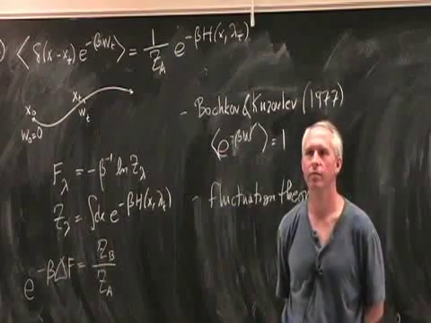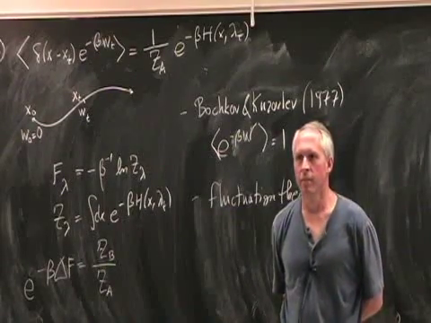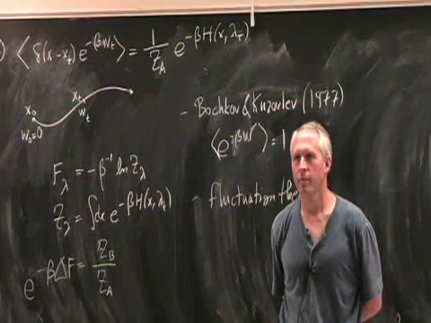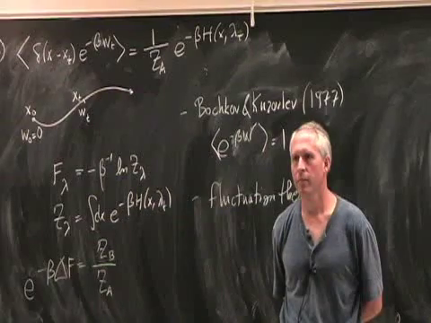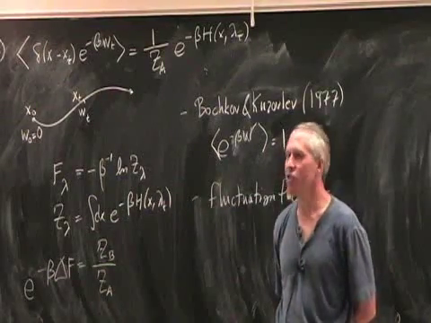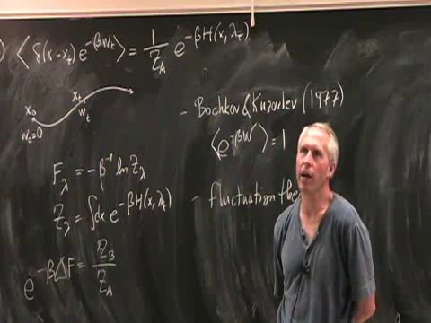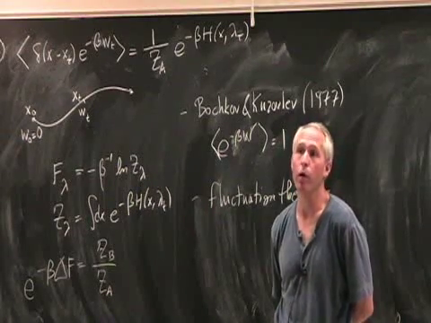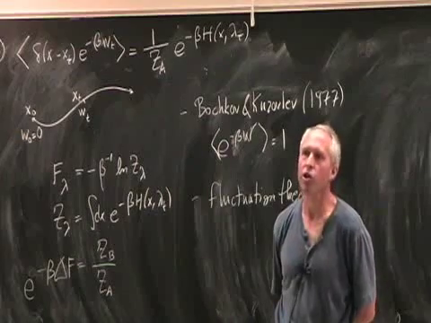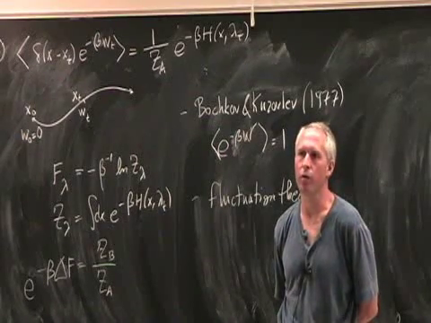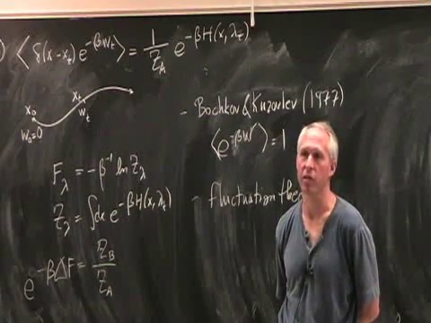Can you say something in general about the actual formula of the work distribution? Like each problem is a different thing? Generally, yes. The main exception to that is if you are in the near equilibrium regime, then there are generic arguments that would lead you to expect that the distribution is Gaussian.